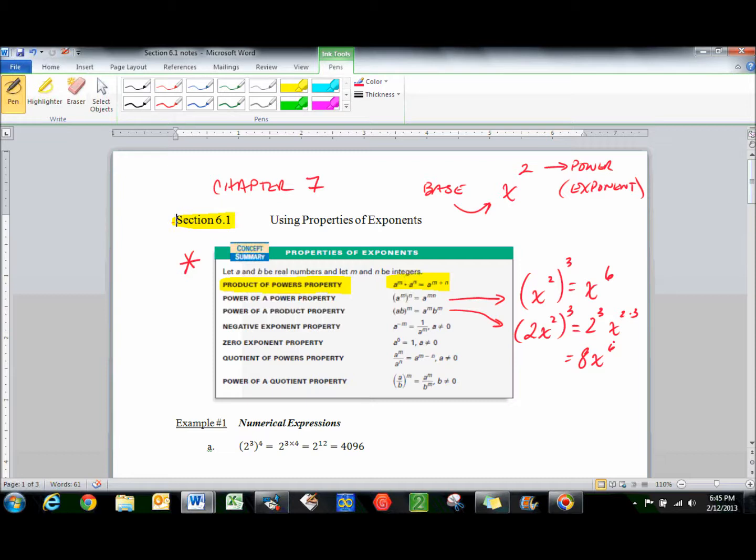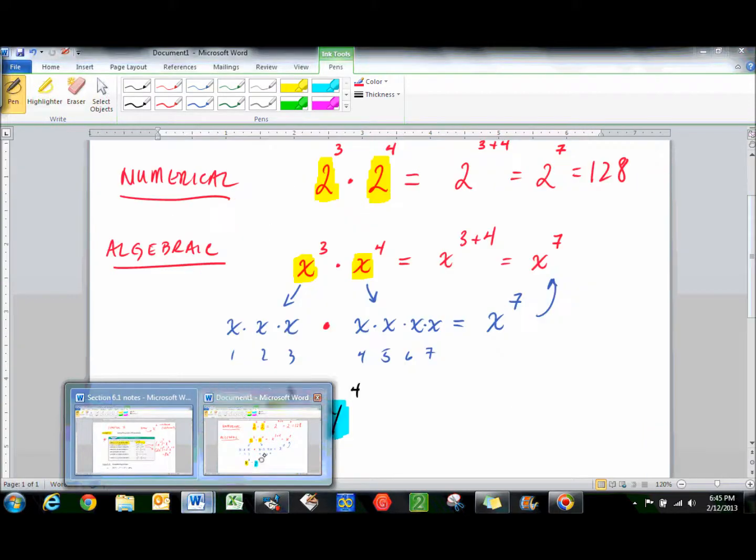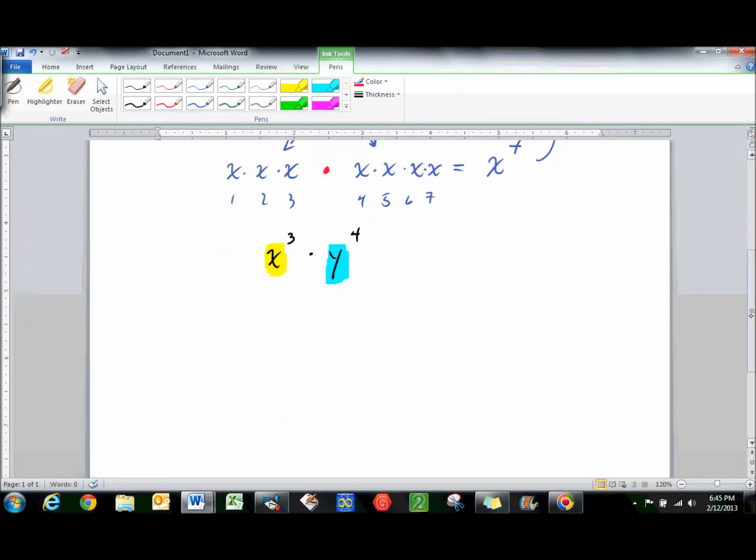Now let me make one point extremely clear here, and I'll go back to my other page to demonstrate this.